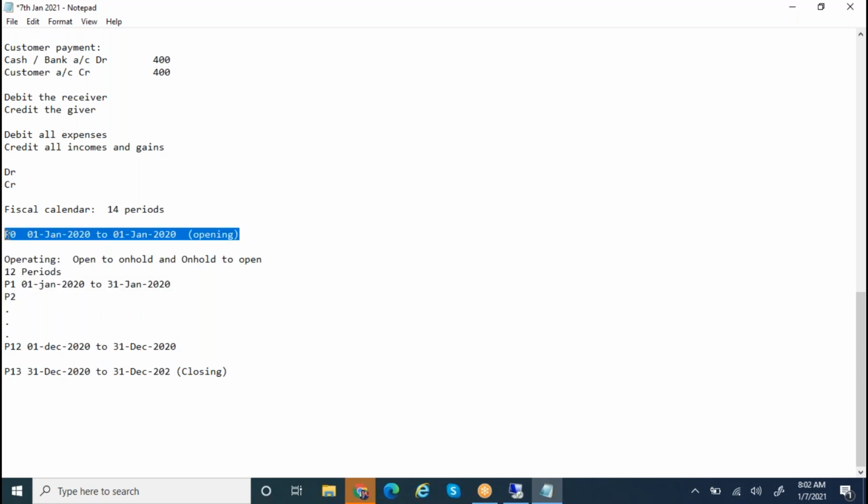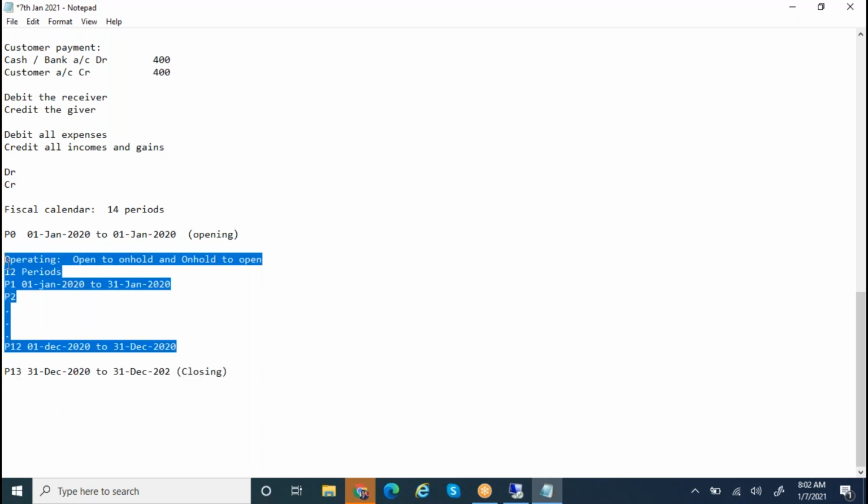Regarding this one, you can understand later in detail at the time of the year-end process, when I will give you more insights about opening and closing. You cannot post any transaction in this, but you can post in this if you want. I will discuss that during the year-end process. But usually regular transactions are in period 1 to period 12.